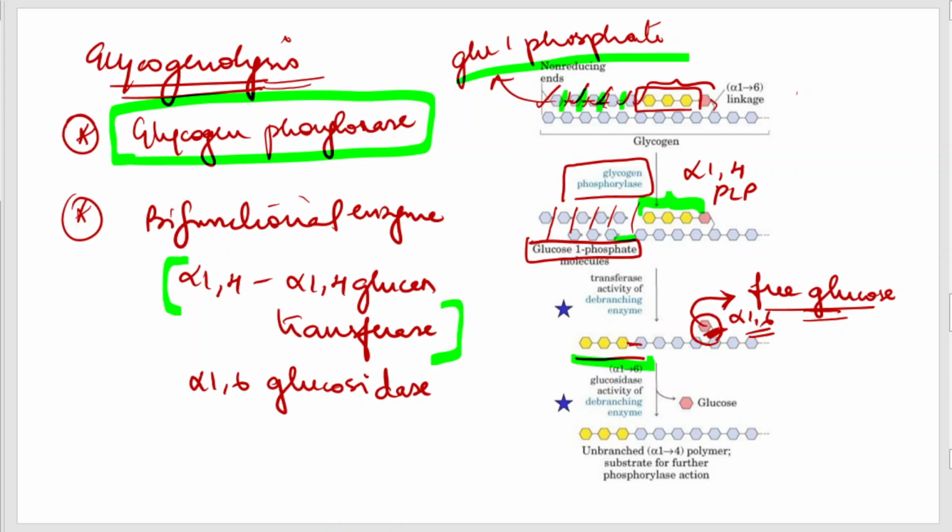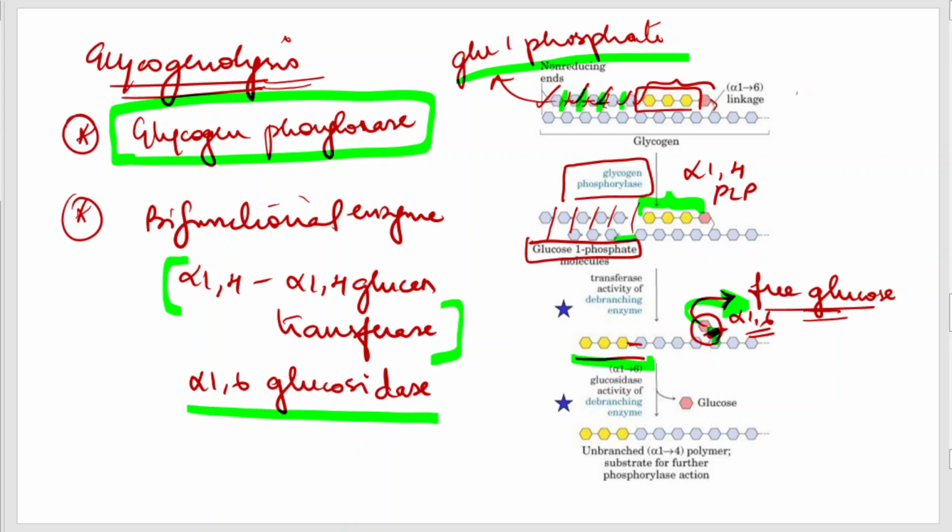Now what happens? One glucose residue with a branch point alone is remaining. That is broken down by the alpha 1,6 glucosidase enzyme, which breaks the alpha 1,6 linkage and liberates that residue as a free glucose.